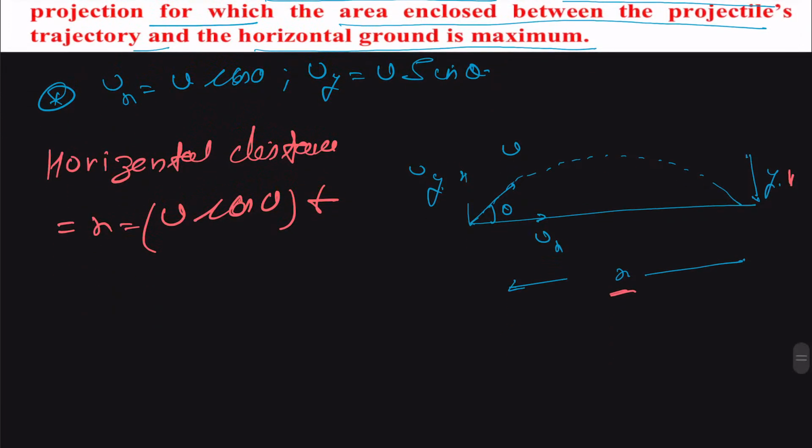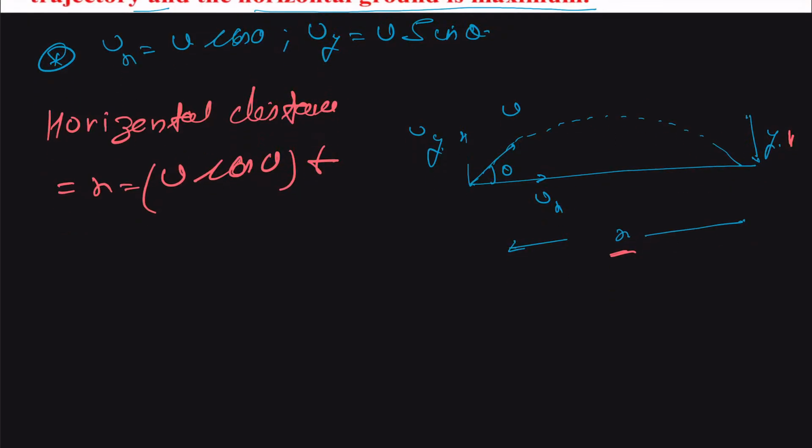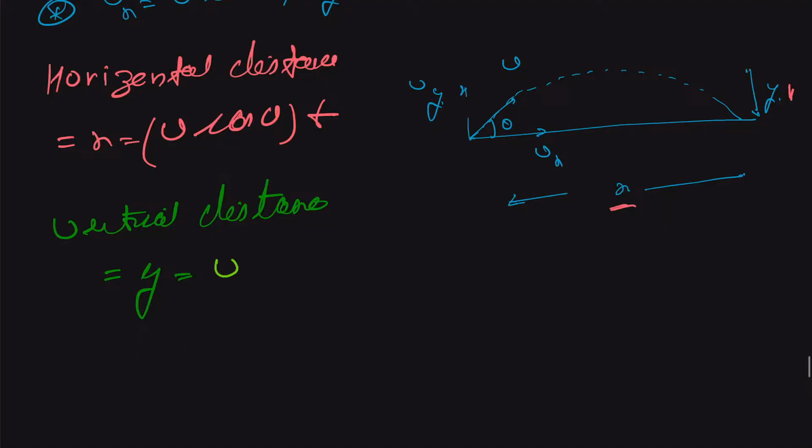So we can write our vertical distance y will be equal to v sine theta t minus half g t square. Okay, and this is our time t.